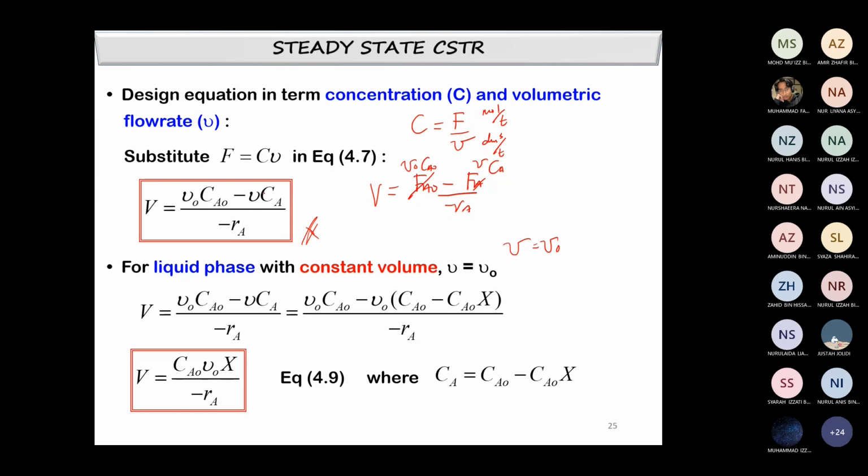From this equation, Ca is equal to Ca0 minus Ca0 X. From there we can cancel this one and it becomes positive. So Ca0 V0 X over negative Ra. Don't forget this is multiplied by V0 outside, so it must be V0 times Ca0 X over Ra.